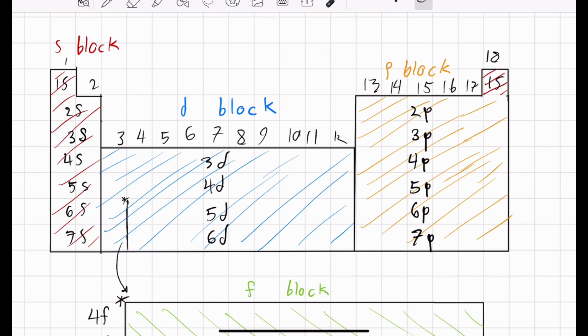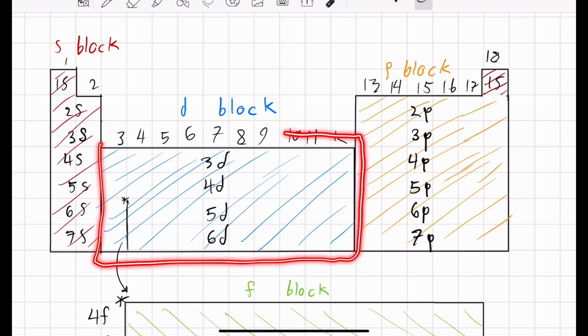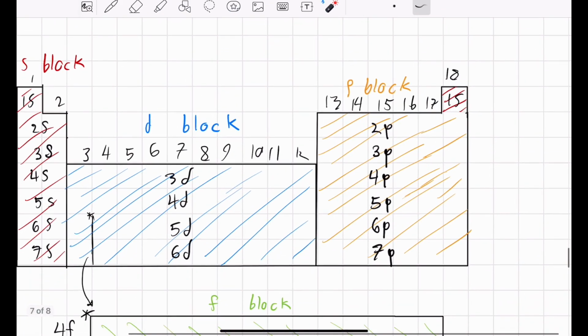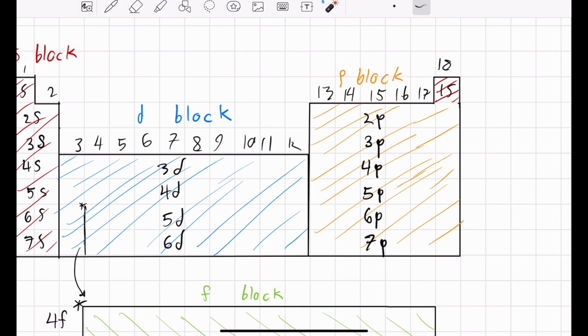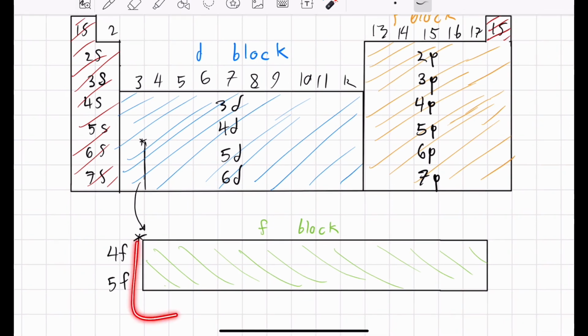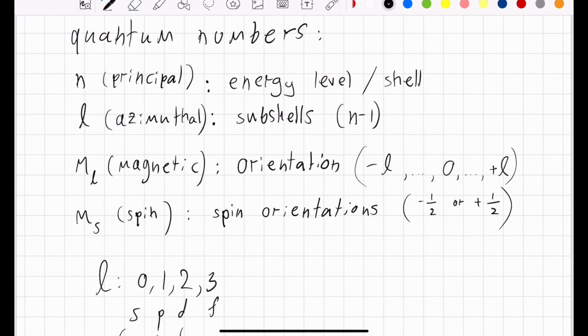Then we have columns 3 to 12, which are transition metals, and these have electrons in D subshells. And columns 13 to 18, except for helium, have P orbitals or subshells. And we also have our F block, though you don't need to know the shape of those orbitals or subshells.